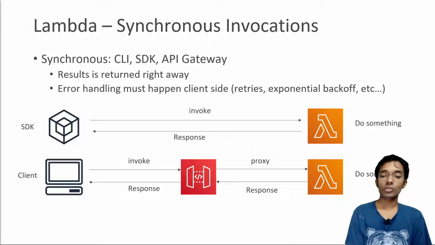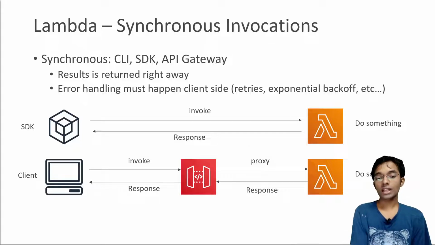You can retry with exponential backoff, which means waiting a little bit more before you retry again: 5 milliseconds, then 10, then 20, then 40, then 80, and it can go up to even 3 minutes or so. So it's up to you.